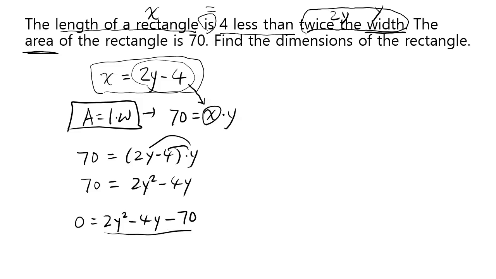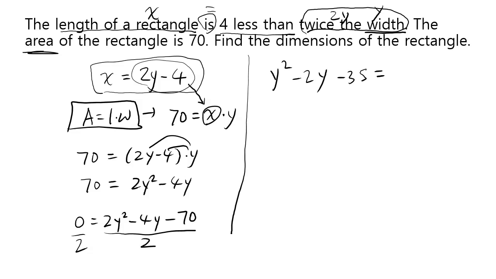So that means I can just divide everything by 2, and 2 over 2 becomes 1, and that's nice because now I get 1 in front of y squared. So 2y squared divided by 2 is just y squared. 4 divided by 2 is 2. 70 divided by 2 is 35. 0 divided by 2 is 0.